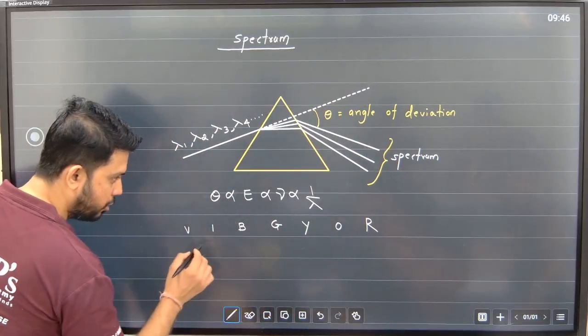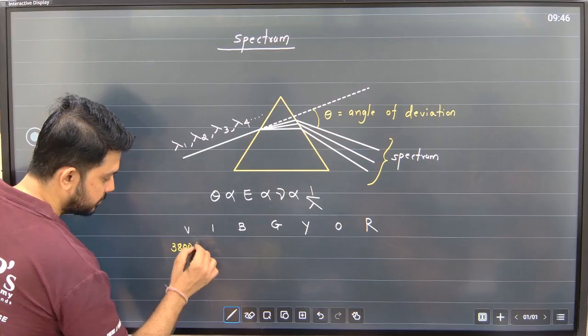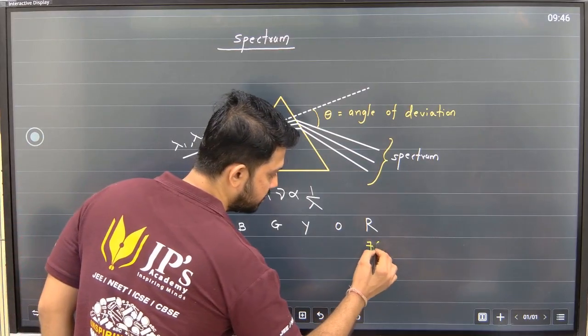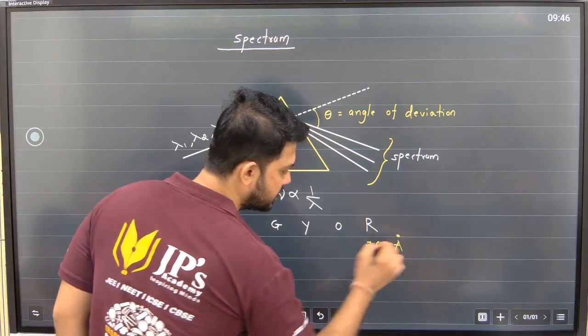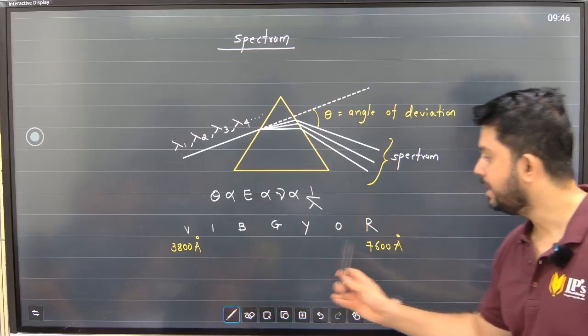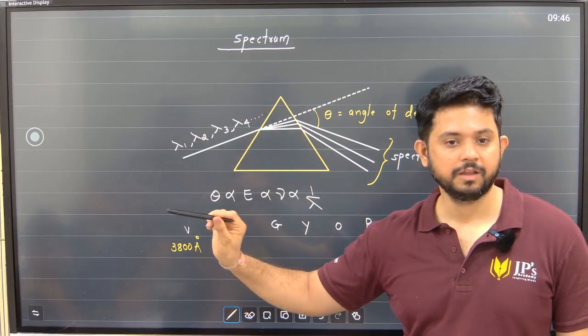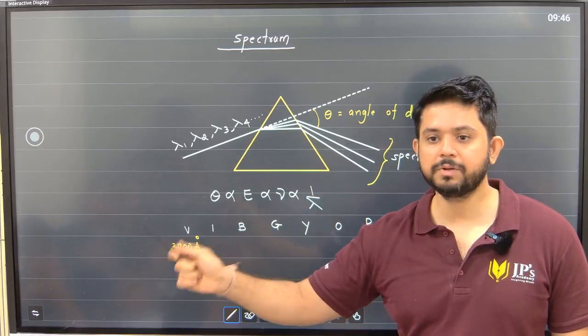And similarly for red light क्या लिखा था हमने? 7,600, somewhere around 7,600 angstrom. Yes or no? So which light will bend the most? The one which has the smallest wavelength. Did you people understand that?